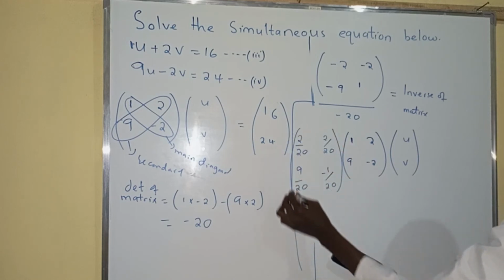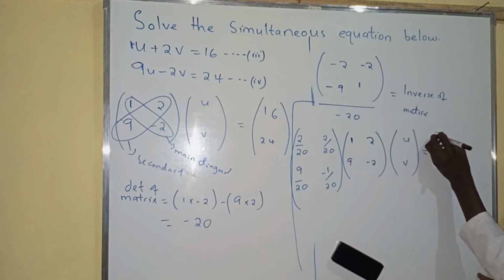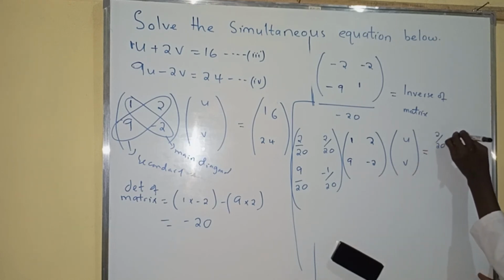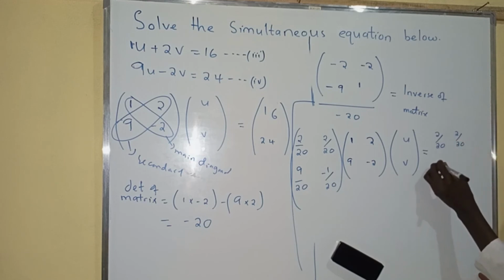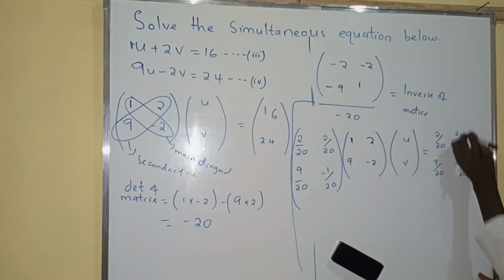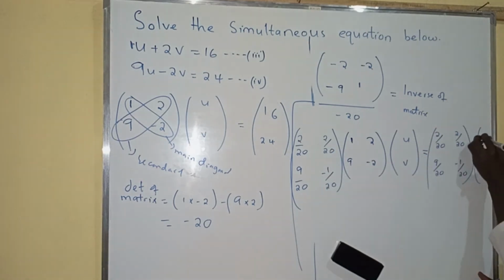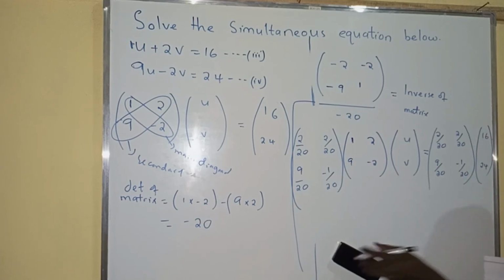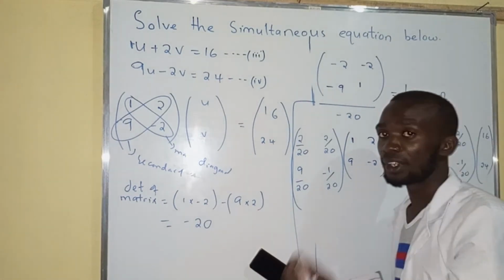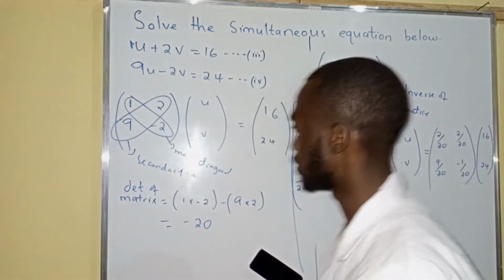So the same thing I will do on the right hand side. This is the same as 2 over 20, 2 over 20, 9 over 20, negative 1 over 20, then you multiply by 16, 24. So matrix multiplied by the inverse. When you multiply a matrix by its inverse, it's called an identity.